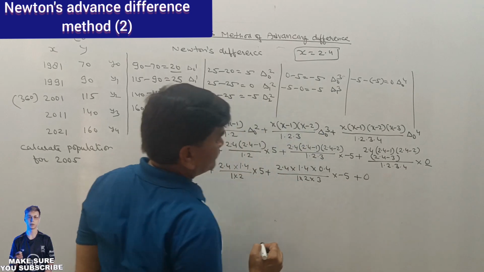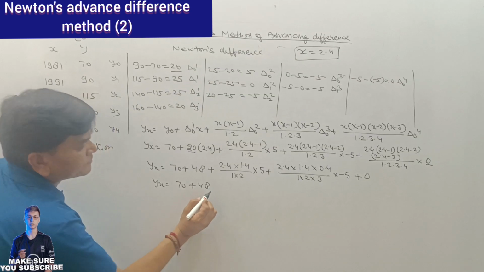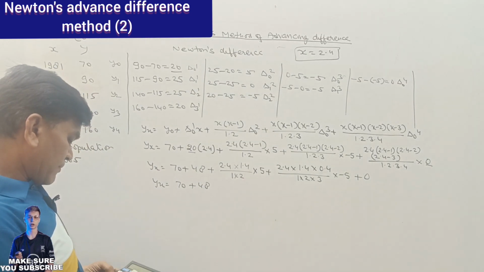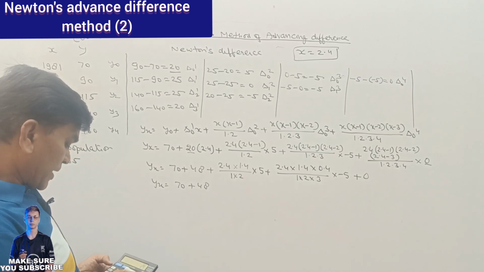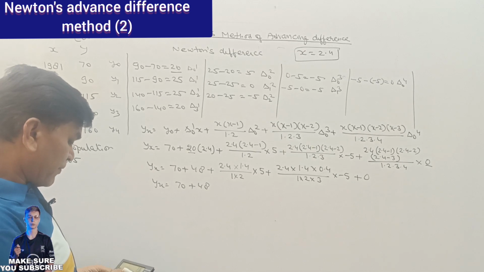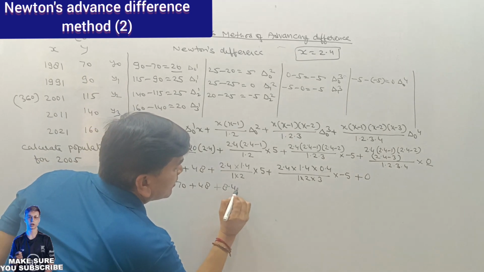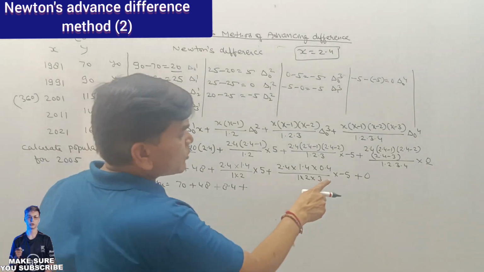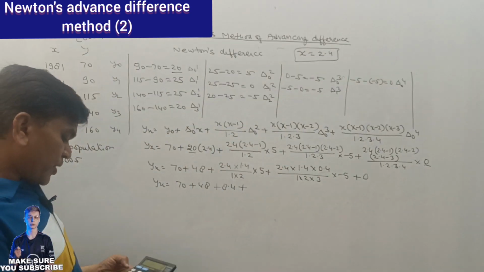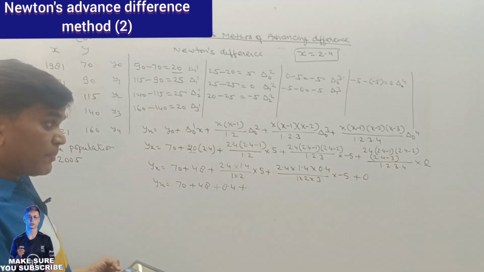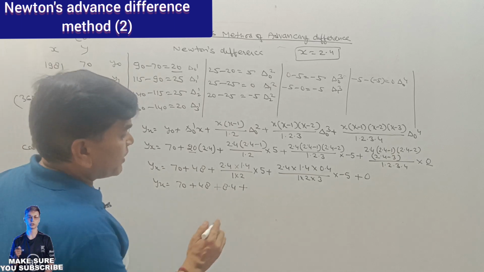So yx is equal to 70 plus 48. Now 2.4 multiply 1.4 multiply 5 divided by 2, this value is 8.4. Then the next value has a minus sign, so the whole value becomes minus: 2.4 multiply 1.4 multiply 0.4 multiply 5 divided by 6 is minus 1.12.